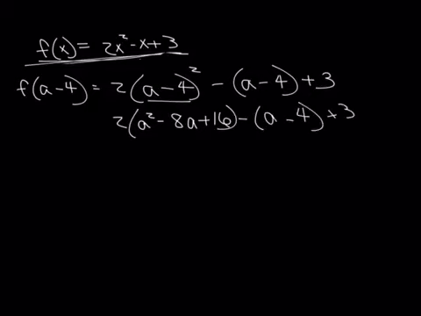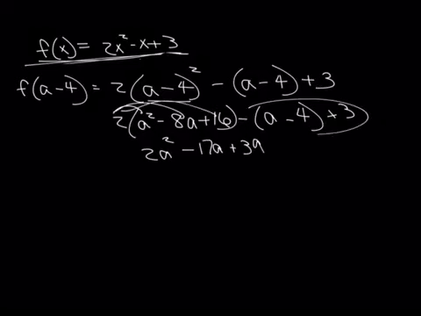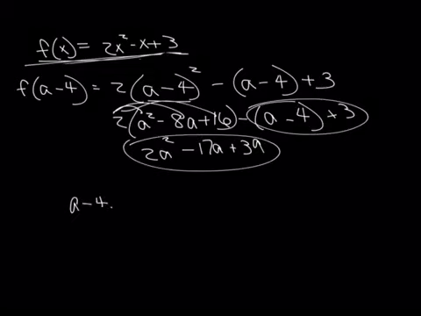Okay, and you just keep going and you end up with 2a squared minus 17a plus 39. When you distribute this and then combine it with those, you get that for an answer. So when my x value is a minus 4, my y value is 2a squared minus 17a plus 39.